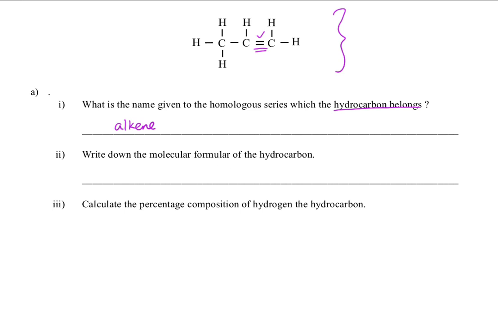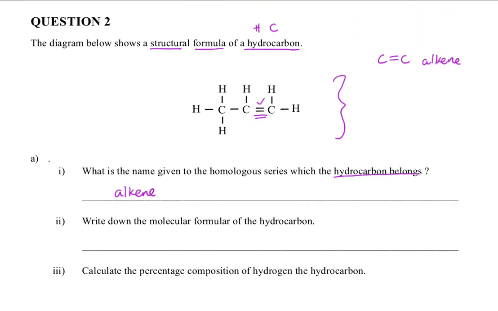Then second question, write down the molecular formula of the hydrocarbon. We want to work out the molecular formula. What we were given is a structural formula, but now we want the molecular formula. In other words, in the molecular formula we only give the number of carbon as well as the number of hydrogen. So we have to count. We have 3 carbons, 1, 2 and 3.